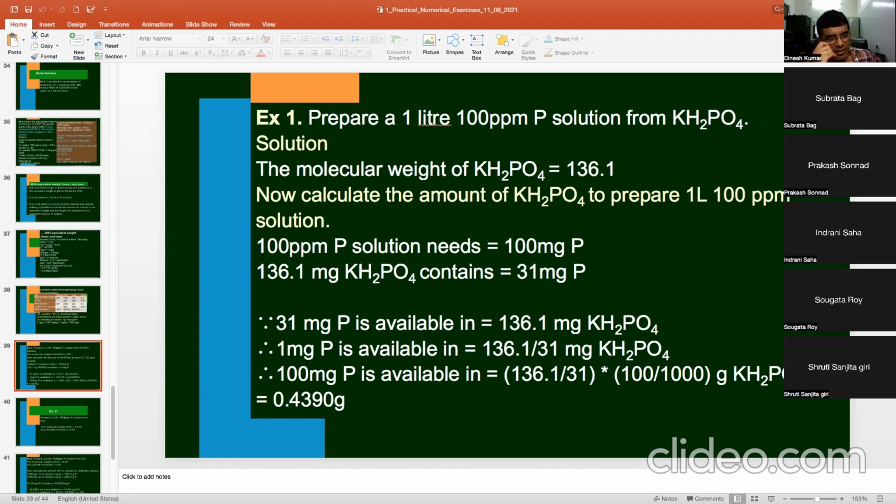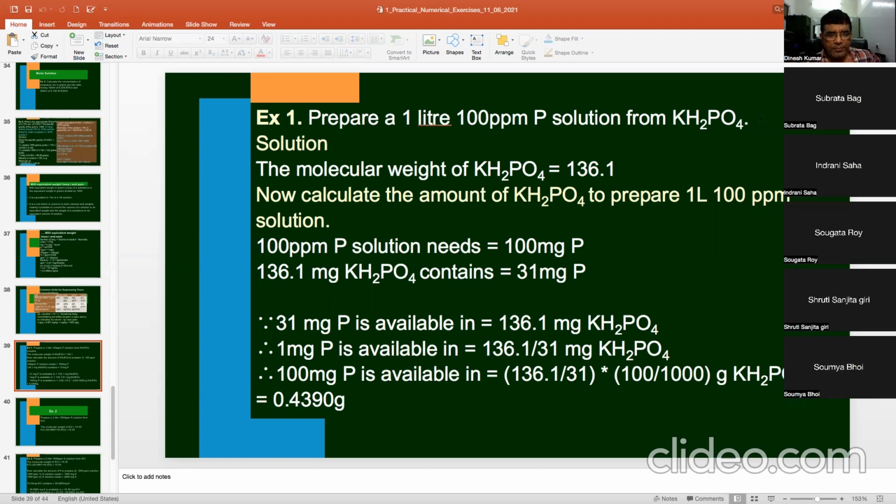So it can be done in this way. 100 ppm solution needs 100 milligram P. First of all, you need to calculate the amount of phosphorus that will be required to prepare 100 ppm solution. So 100 ppm P solution needs 100 milligram phosphorus. It is known to us. Now 136.1 milligram KH2PO4 contains 31 milligram P. These two things are given to us, or we can know it.